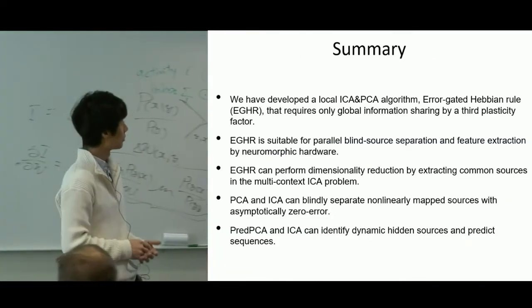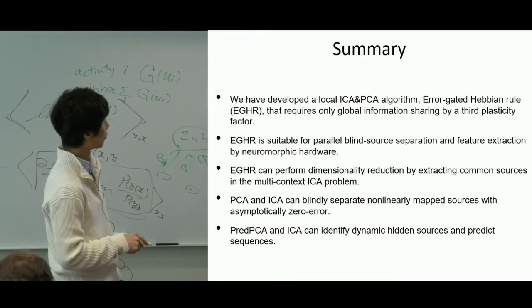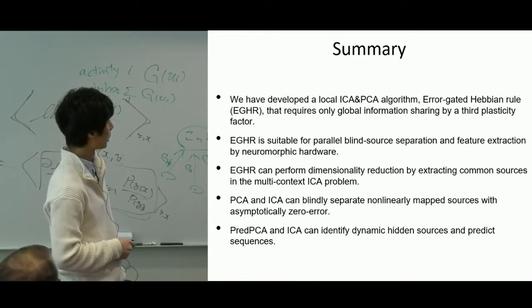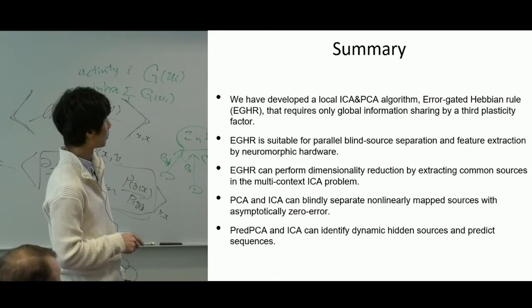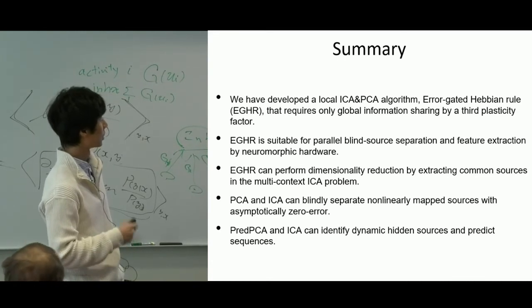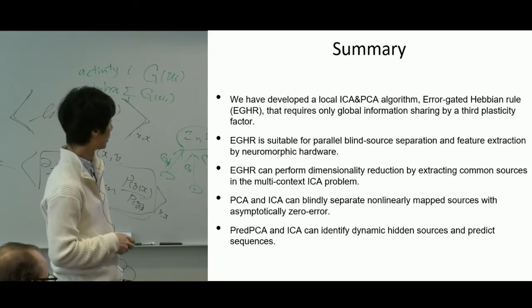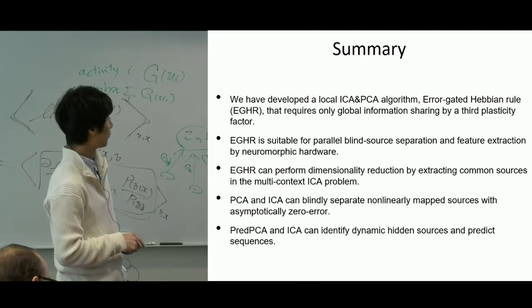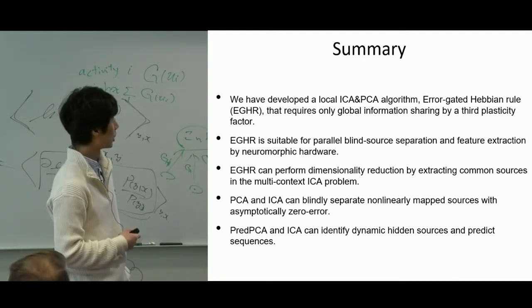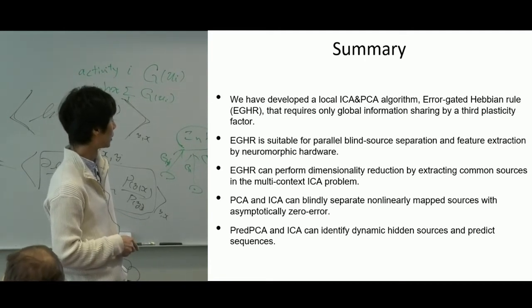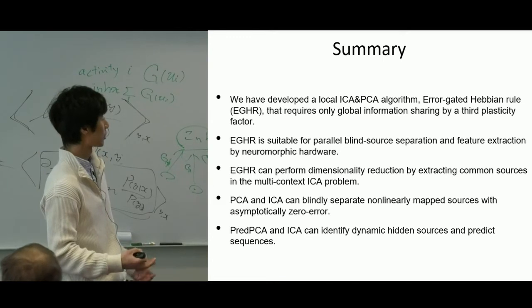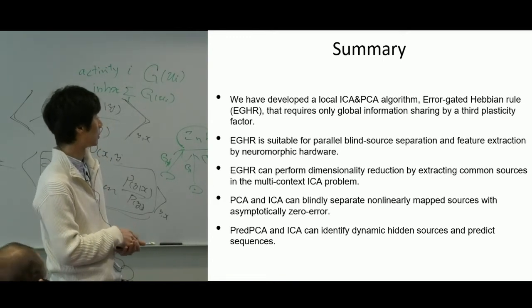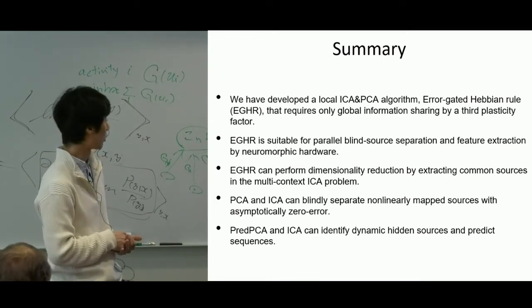So finally, in summary, we have developed the local ICA and PCA algorithm, the error-gated Hebbian rule, EGHR, that requires only global information sharing by a third plasticity factor. EGHR is suitable for parallel blind source separation and feature extraction by neuromorphic hardware. This EGHR can perform dimensionality reduction by extracting common sources in the multi-context ICA problem.